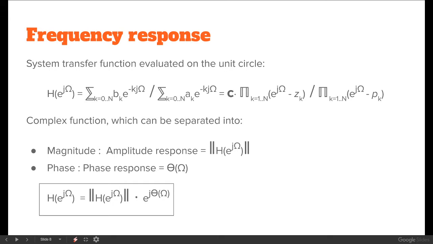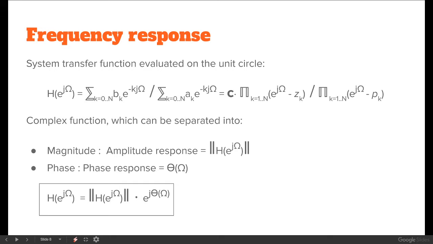The same way, when the angle approaches the same angle where the pole is, you get the minimum distance there, which means you get a minimum of the denominator, meaning a maximum point for the amplitude response.